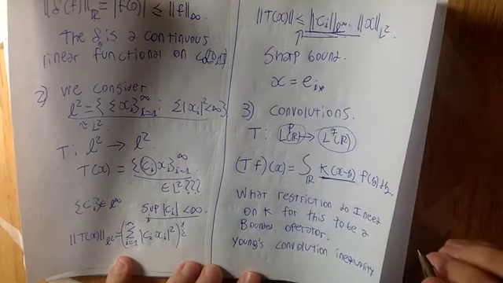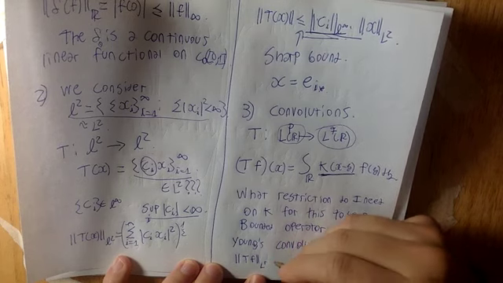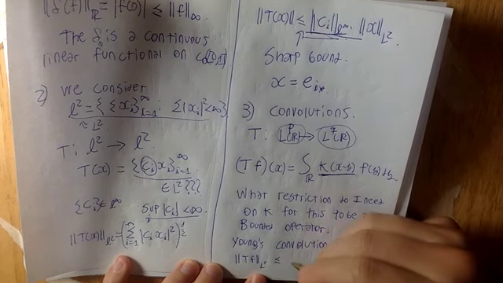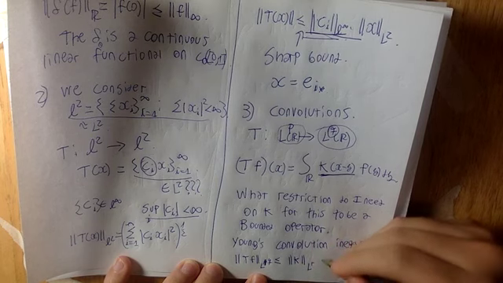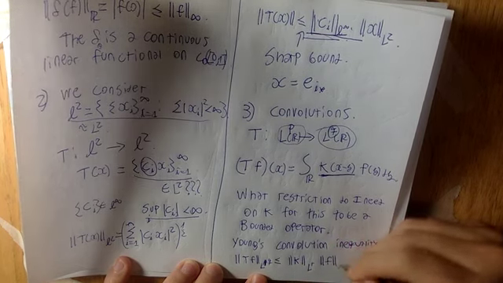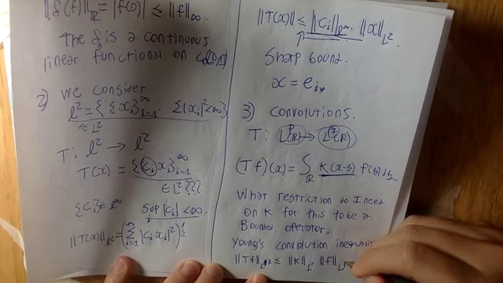And what we would have is that the norm of T of f in L^q is less or equal than the norm of k in L^r times the norm of f in L^p.